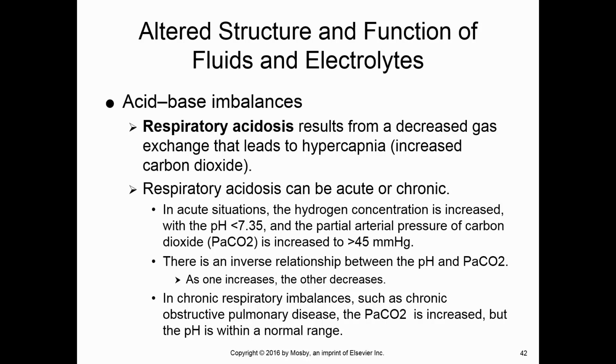Well, their body has compensated, and so we will see a normal pH. Okay, so they will have a normal pH, but they'll have a high CO2. So that's a compensated respiratory acidosis. It's respiratory because it's the carbon dioxide, but the pH is normal, so it's been compensated.